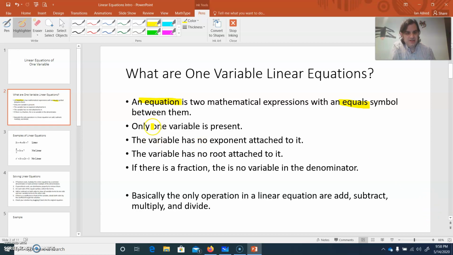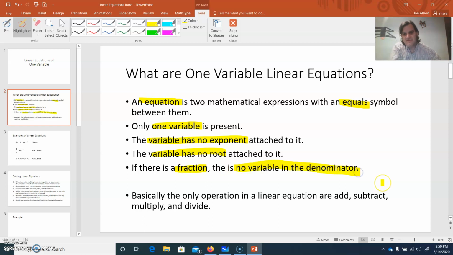But we would only have one variable. This could be x, it could be y, it could be s, it could be anything. The variable has no exponent, so you won't see an x squared or an x cubed. The variable has no root, so you won't see the square root of x or the square root of x minus 2. And if there's a fraction, there's no variable in the denominator.